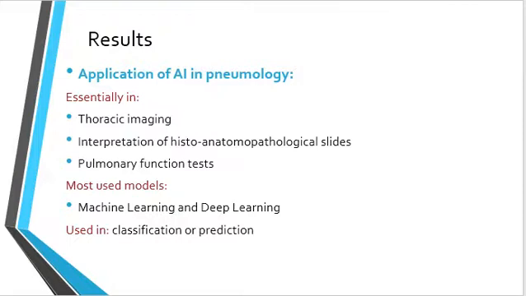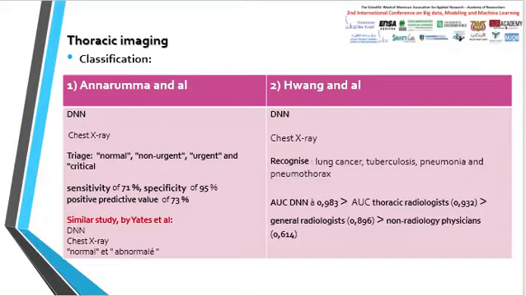It has been observed that AI in pneumology is mainly applied in thoracic imaging, interpretation of histoanatomopathological slides, and pulmonary function tests. The most used models are machine learning and deep learning. These models are used either in classification, for example, classify X-ray as normal or abnormal, or in prediction, for example, predict mortality at 12 years.